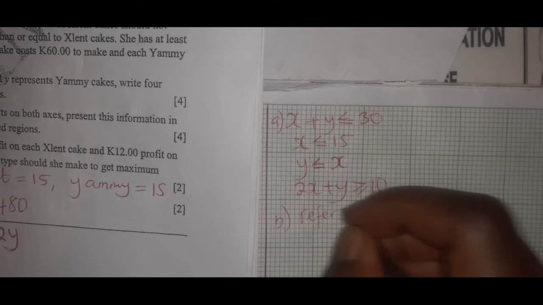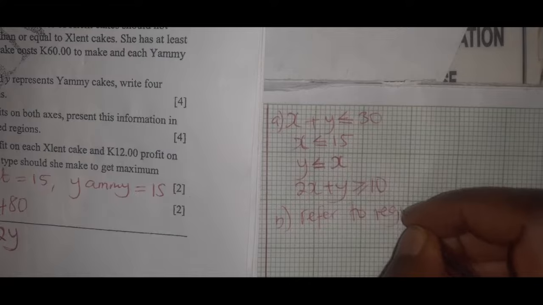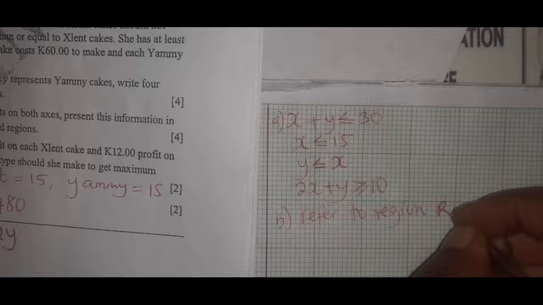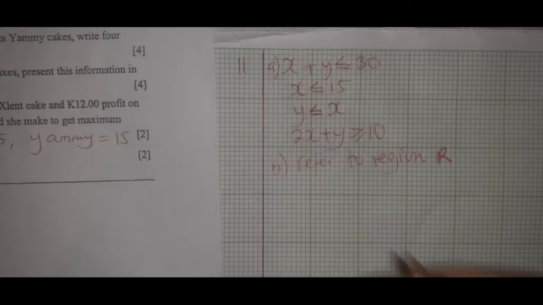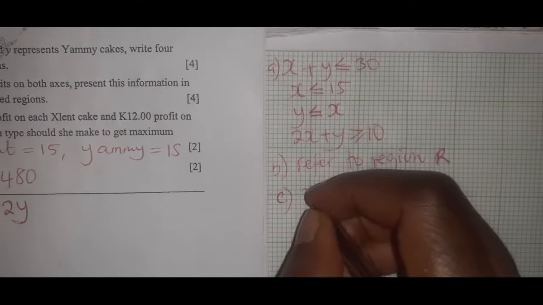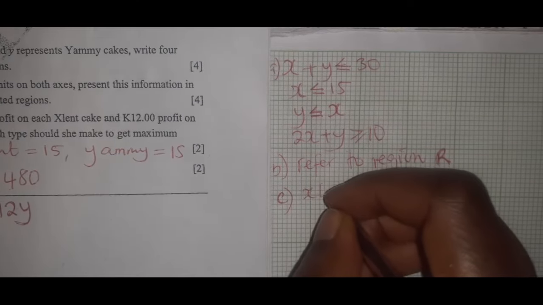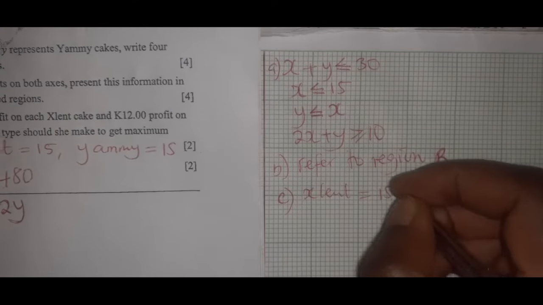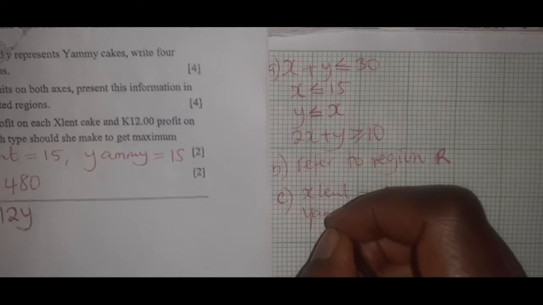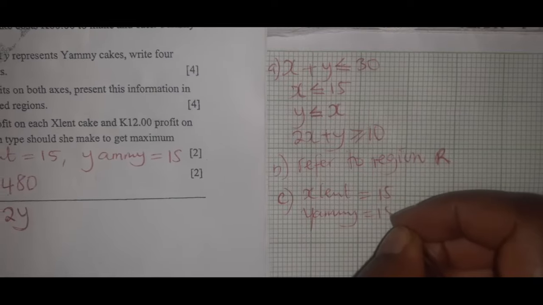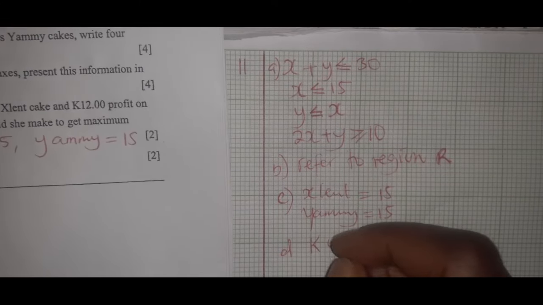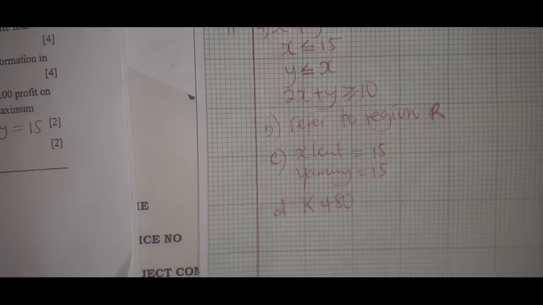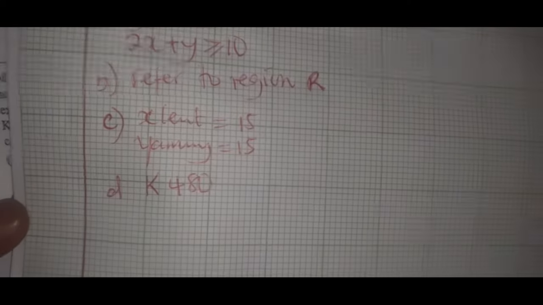Then we say refer to region R, the region that we've indicated R there. Then this other one, which is C, we can say to maximize profit, excellent should be 15. Yummy should also be 15. Then D, we write the amount, which is 480. We need to indicate these answers clearly here.